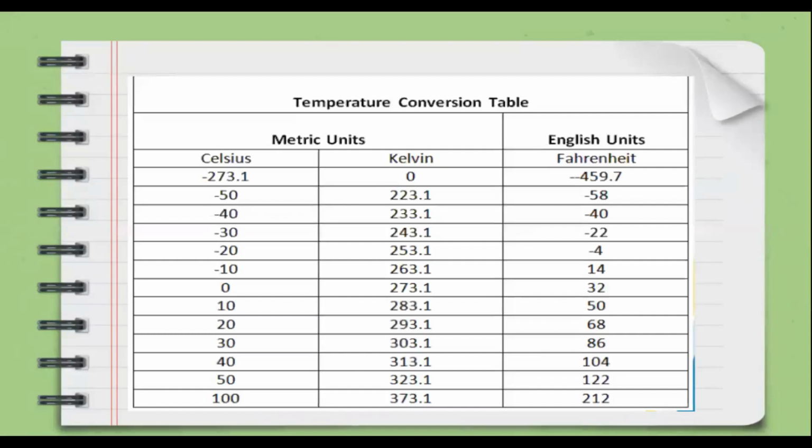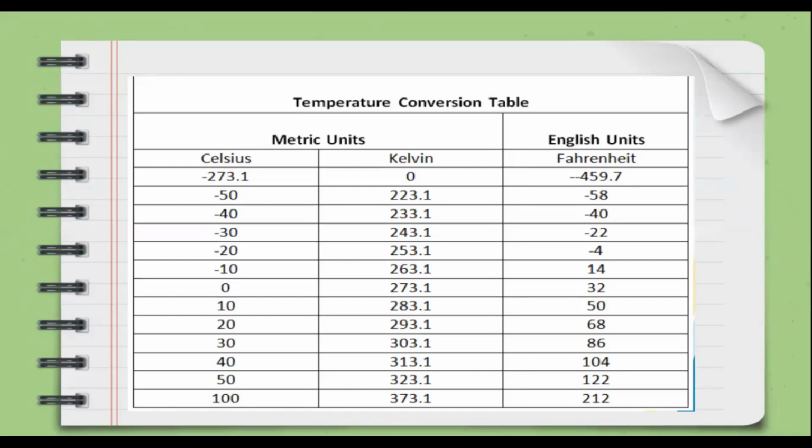Okay, so the temperature conversion table includes the metric units and the English units. Under the metric units, we have the Celsius and the Kelvin as the basic units of temperature. And in English units, we have Fahrenheit.